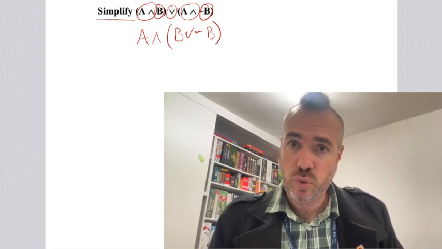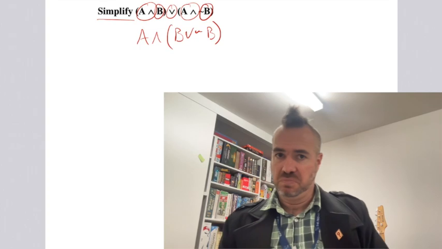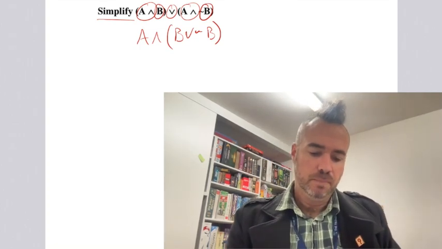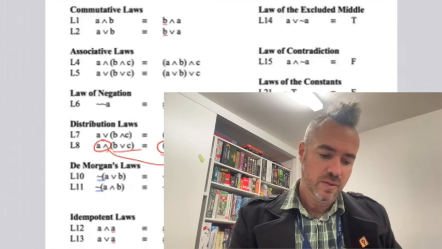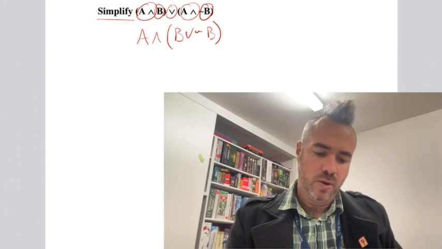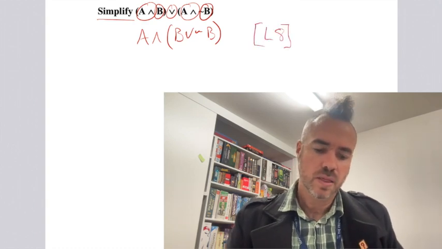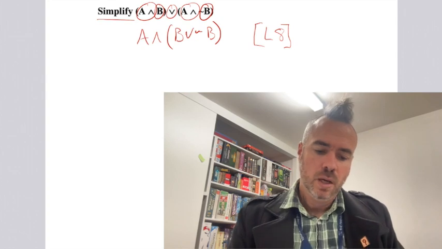Most questions in an exam will tell you to state what law you used, and so it should be obvious then that this was law 8 that got us there. So I am going to put some square brackets around that and say law 8 is what got me there.